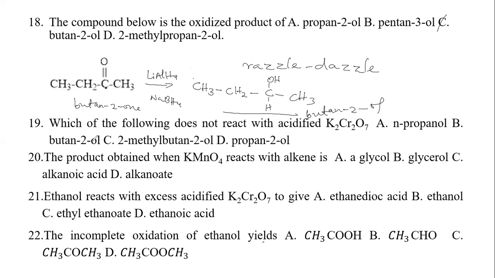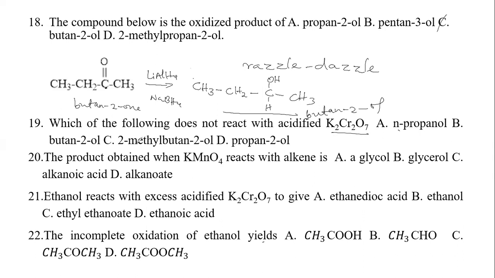Question number 19 says: which of the following does not react with acidified K2Cr2O7? Now, the alkanol compound that does not react with an oxidizing agent must be a tertiary alkanol. N-propanol, n means normal, so that is propan-1-ol. Propan-1-ol will be oxidized with K2Cr2O7 because it is a primary alkanol, giving us propanoic acid, because this is a strong oxidizing agent.